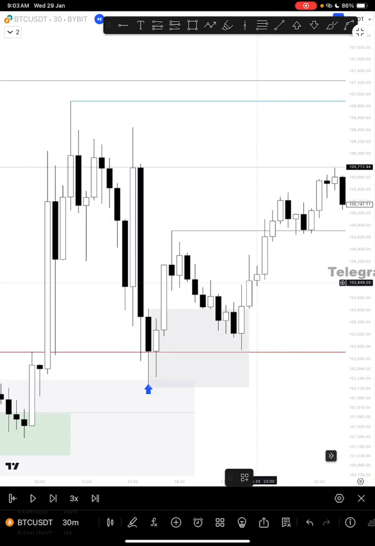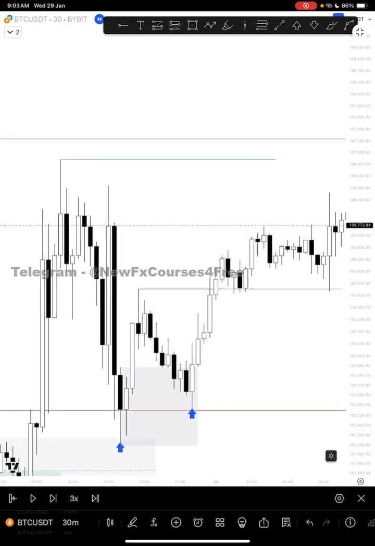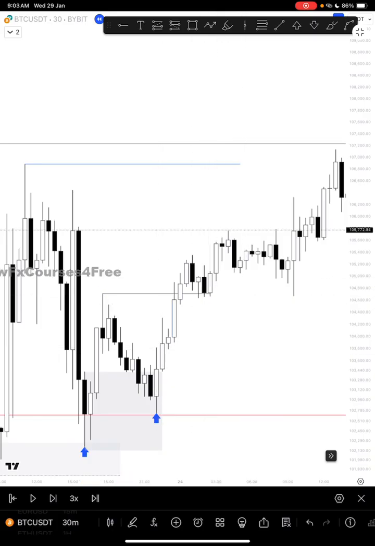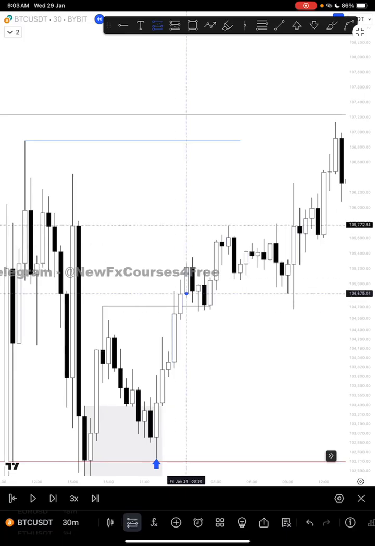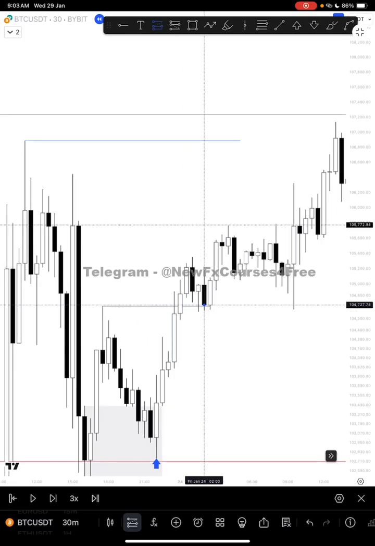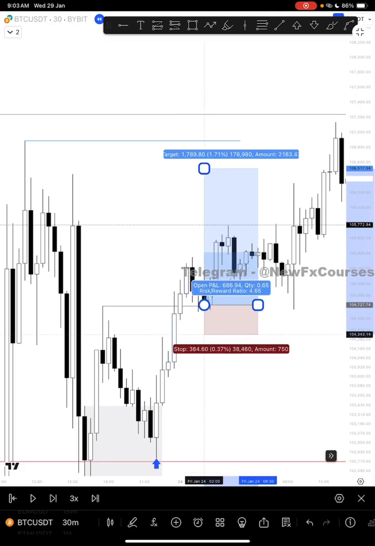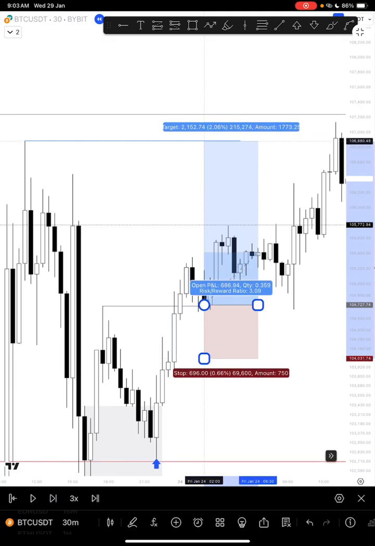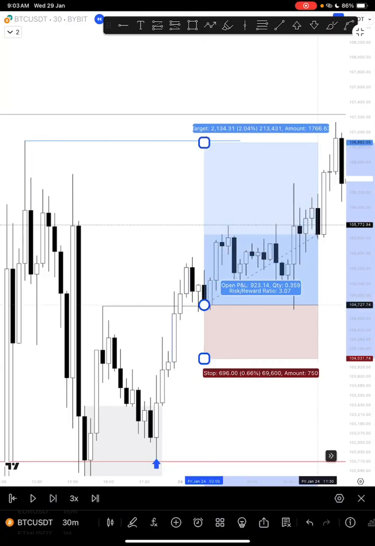Let's say you missed this order block entry here. You can as well enter off this mitigation block here. On the first touch of this mitigation block, you can enter off here, and you can put your stop somewhere here, and you can target 3R.